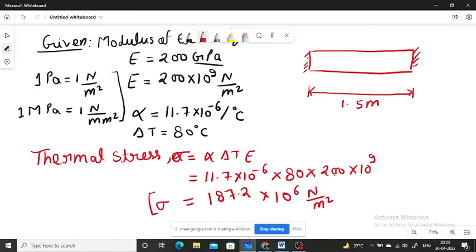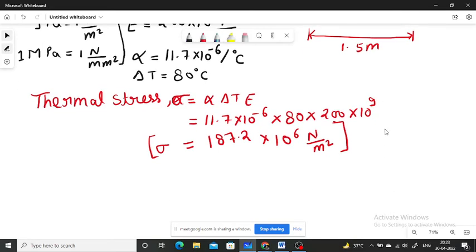So this will be the stress in the bar, which is 187.2 into 10 to the power 6 Newton per meter square.